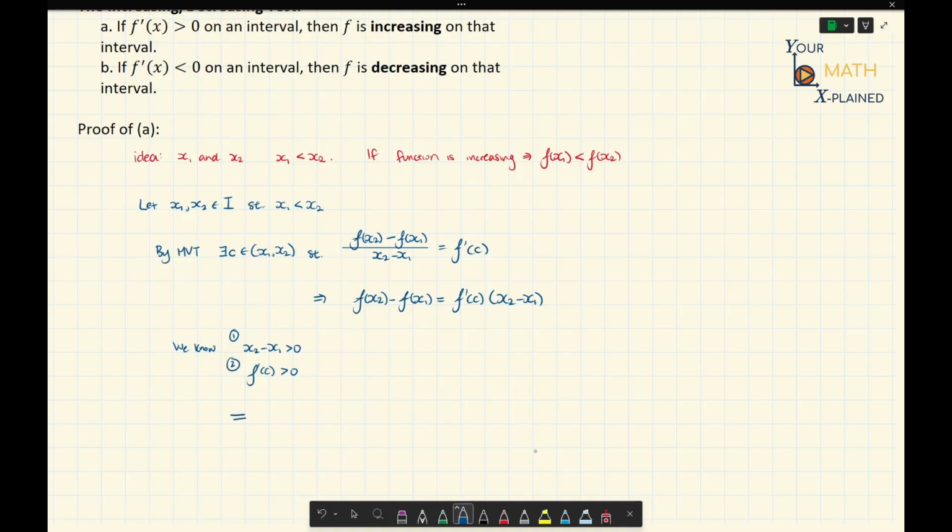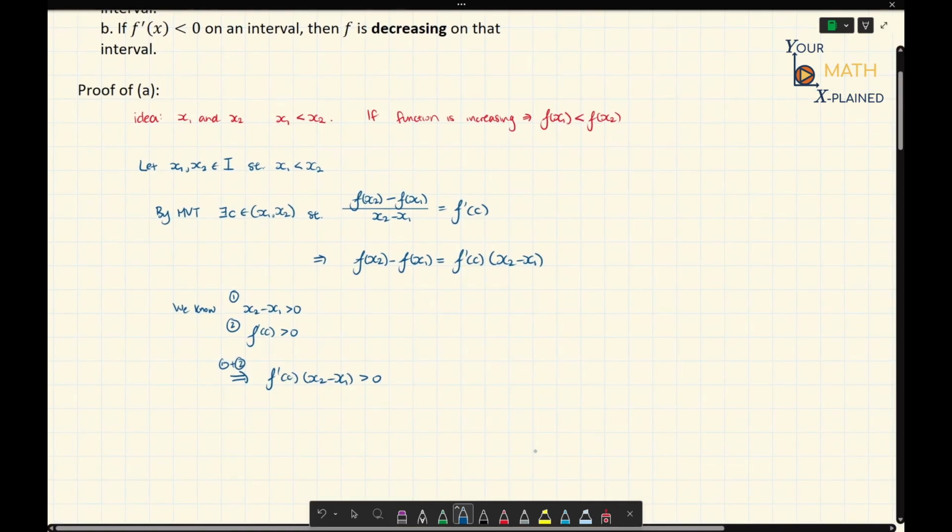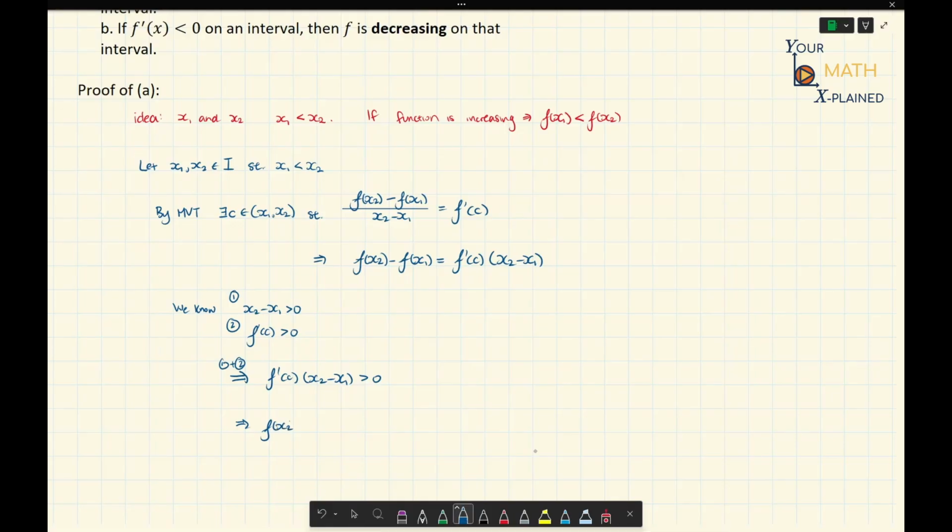So therefore, because of our 1 and 2, we know that f prime of c times x2 minus x1 must be greater than 0 because we have two positive numbers multiplied together. And since f of x2 minus f of x1 is equal to that, we have f of x2 minus f of x1 is greater than 0.